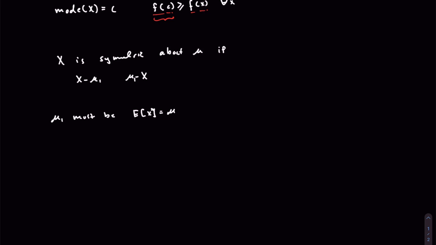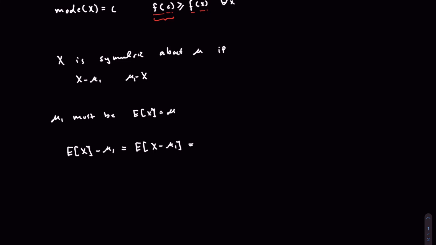So how do we show that? Let's start by saying that the expectation of x minus this value, if we subtract that off, that's just the same, because mu1 is a constant, we can just pull it in.